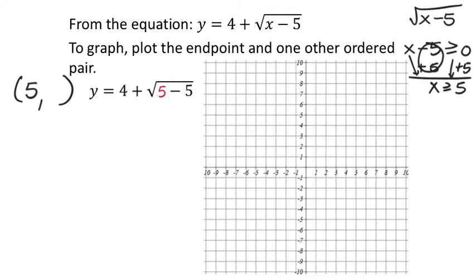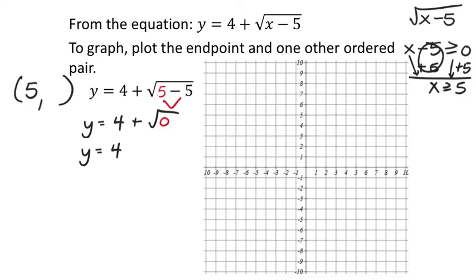So after just combining those two, I'd have 5 minus 5, which is 0, which is what we expected, right? So now we've got y equals 4 plus the square root of 0, and the square root of 0 is 0. And so now we've got y equals 4 plus 0, and even at this point, I'm just going to make it a phantom 0.